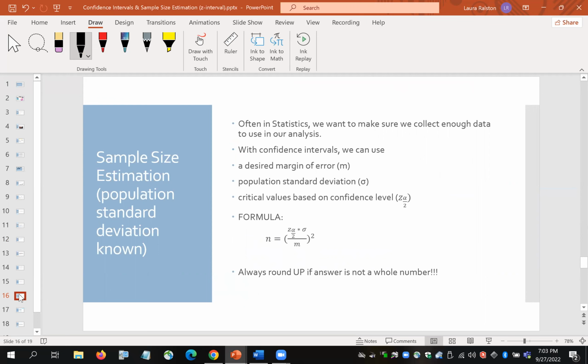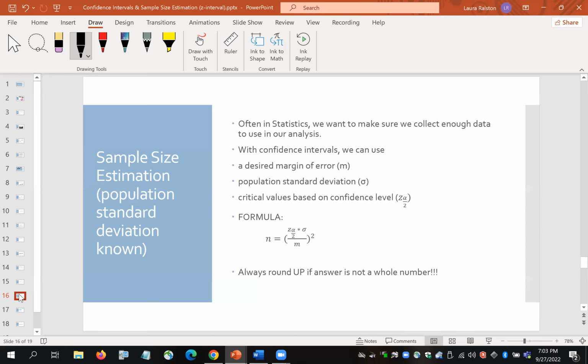So oftentimes we need to make sure we collect enough data from the beginning. And so with confidence intervals, I can say, well, I want to have a particular margin of error. I want to be within 2 points, or I want to be within a half point, or whatever. So I can establish a particular margin of error.